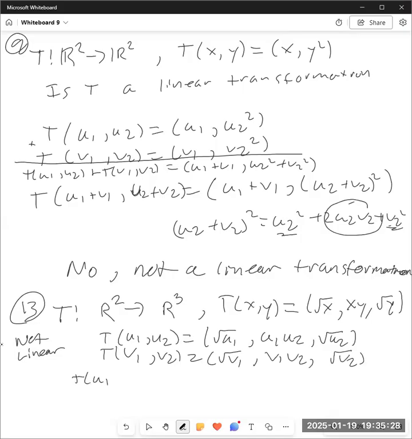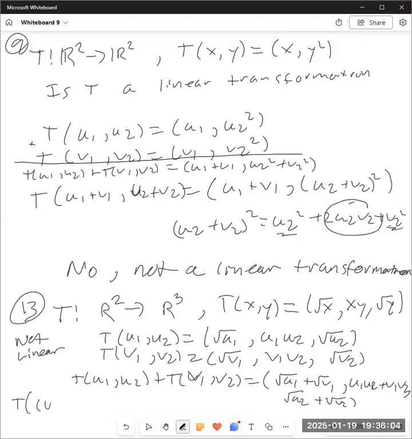Add these together, T of u1, u2 plus T of v1, v2 is equal to root u1 plus root v1, comma, u1 u2 plus v1 v2, comma, root u2 plus root v2. I have T of u1 plus v1, comma, u2 plus v2.